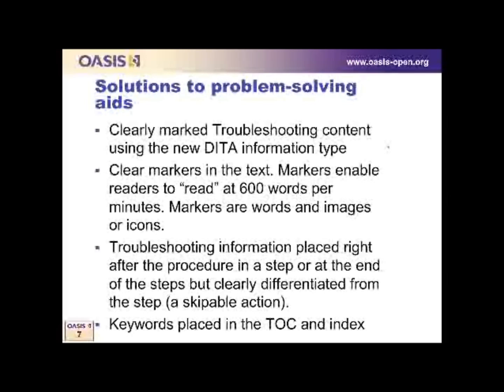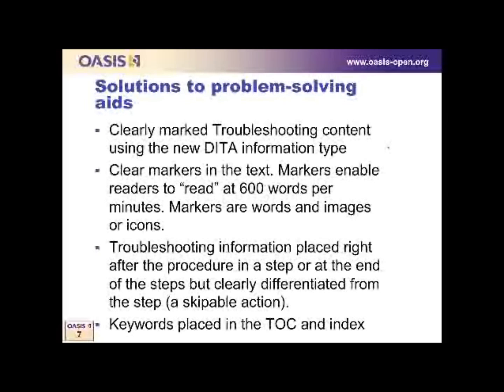They don't want to have to read if they're not going to find the information they're looking for. The markers in the text, if you put those in, enable people to read at a rate of 600 words per minute, well above their usual rate in scanning. And those markers can be words, they can be images, they can be icons to help people locate the information as they're scanning a text.